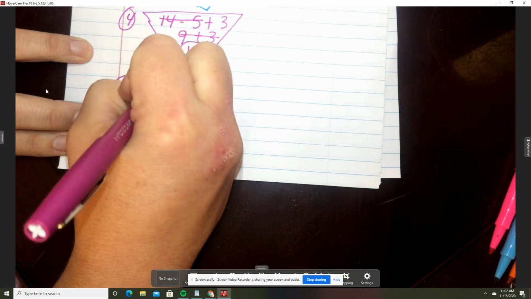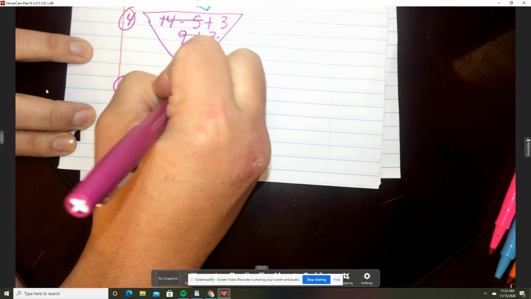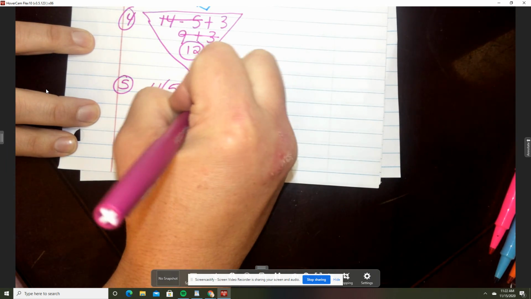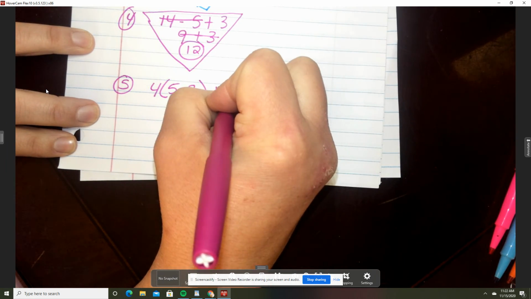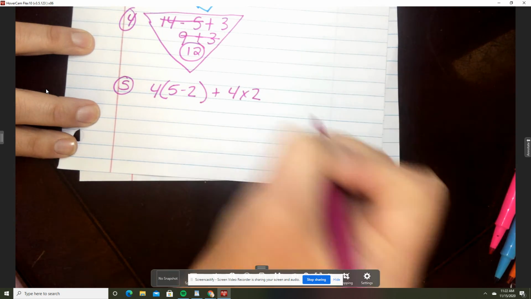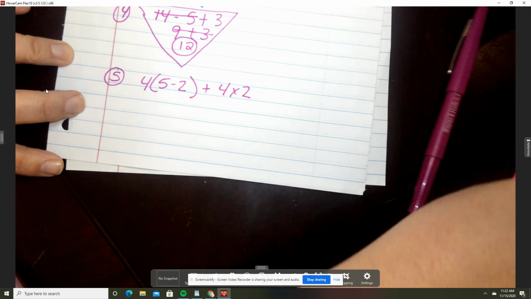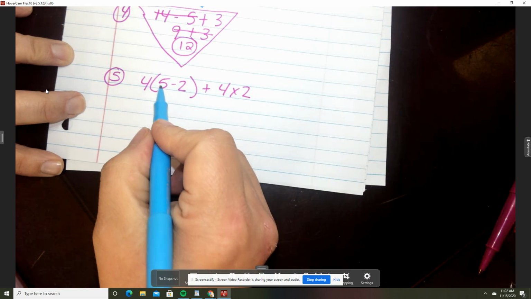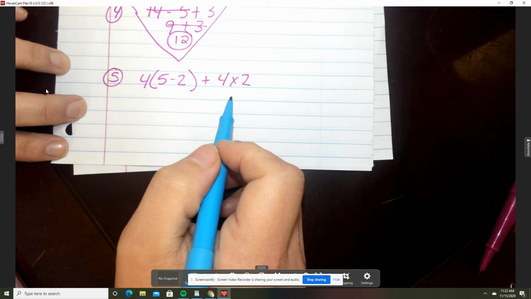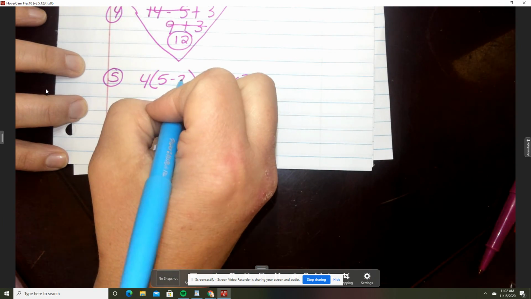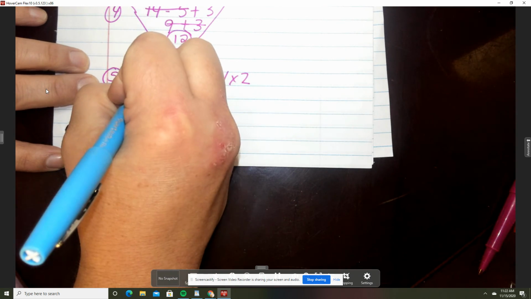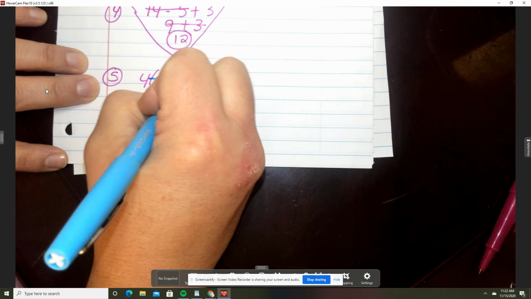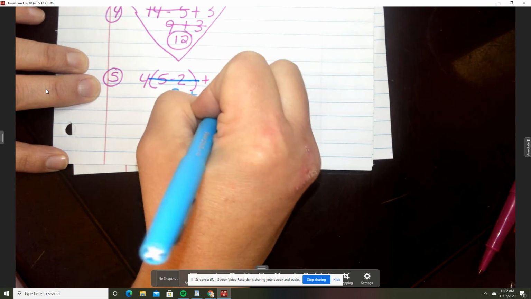So let's do 4 times (5 minus 2) plus 4 times 2. All right, so looking at all of my things, parentheses comes first. So parentheses going to go first. 5 minus 2 is 3. I'm going to mark that out, bring down the rest of my stuff.